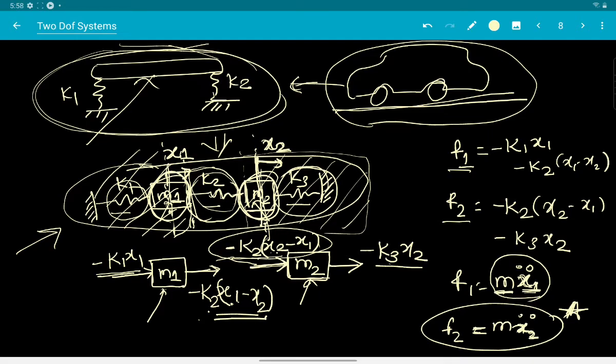We already have talked about it. It can represent any physical system, and in actual practice you may not see such masses and springs sitting far away from each other. Rather, they will not be different.